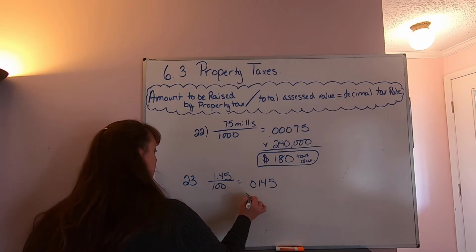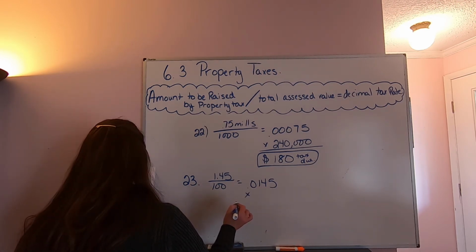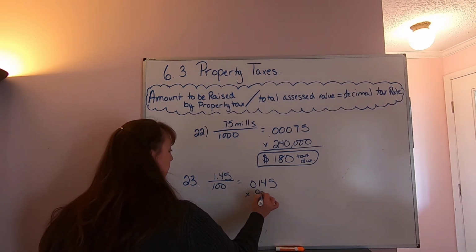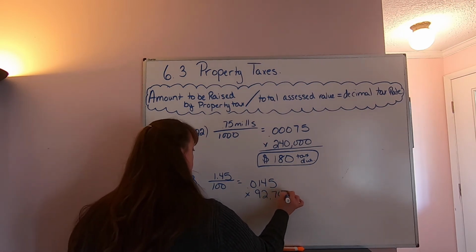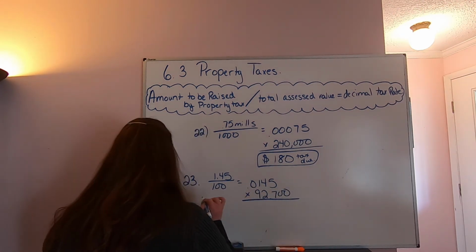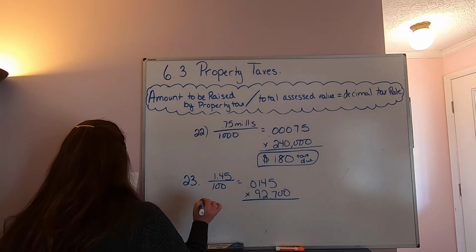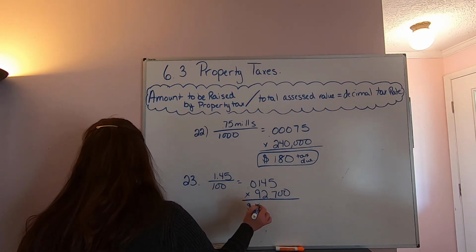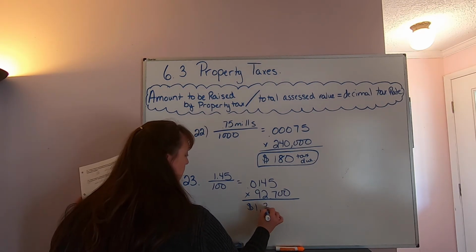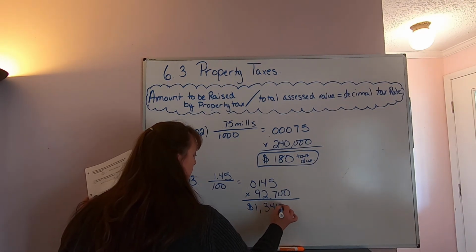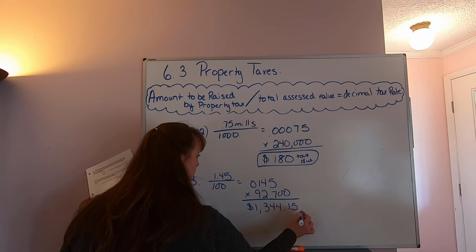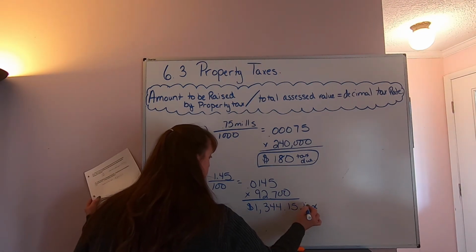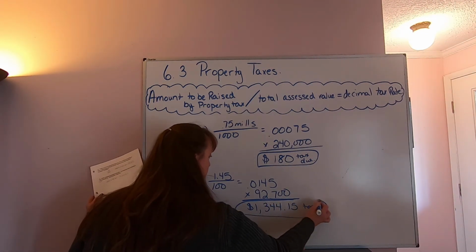Multiply that times our assessed value, which was $92,700, which is $1,344.15. That's our tax that's due for the school taxes.